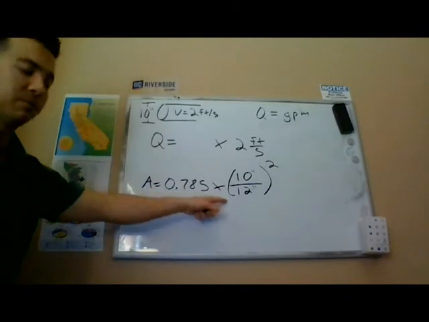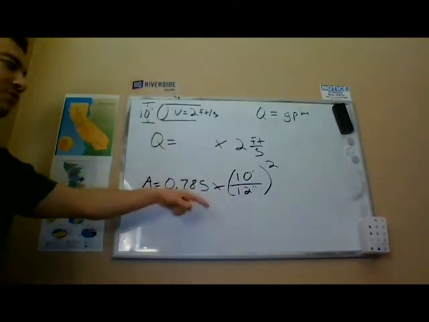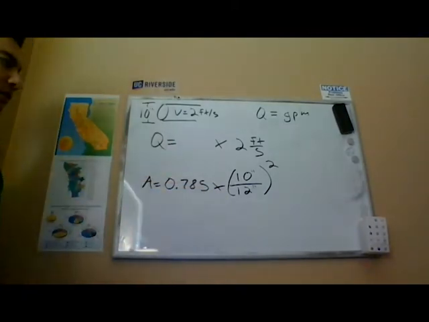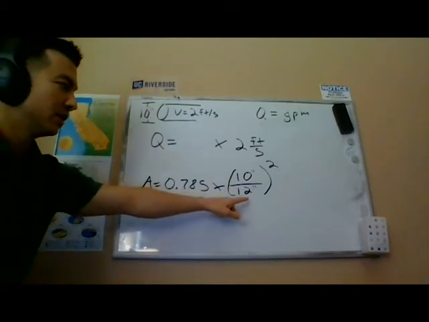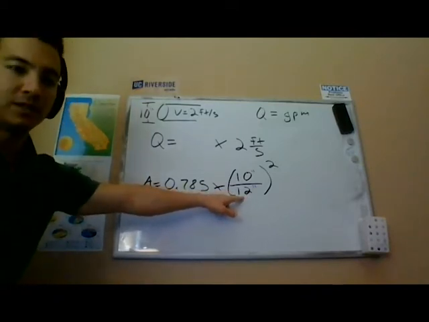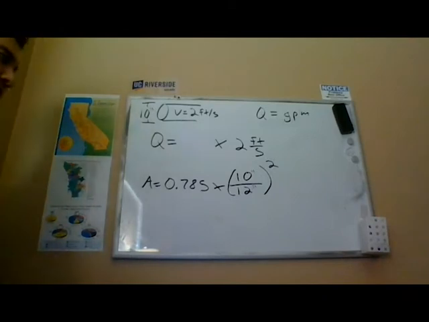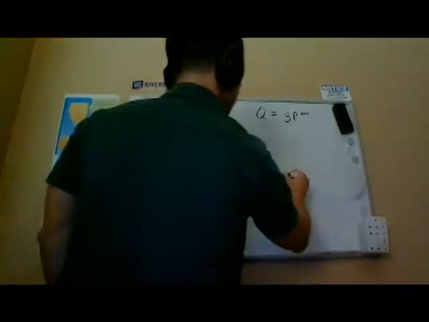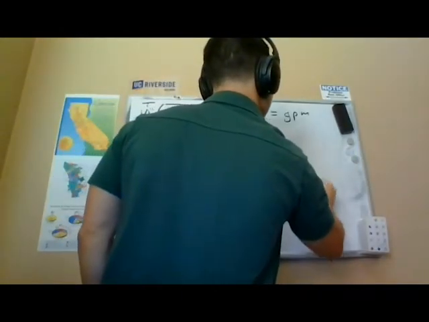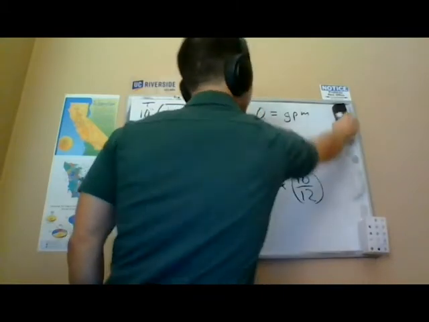So 10 divided by 12 is going to give me the exact decimal that I want, so that this diameter is in terms of feet instead of inches. Another way of looking at that is times 10 over 12, same thing as squaring it.